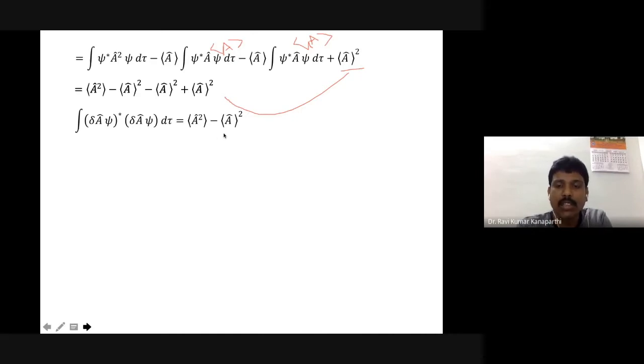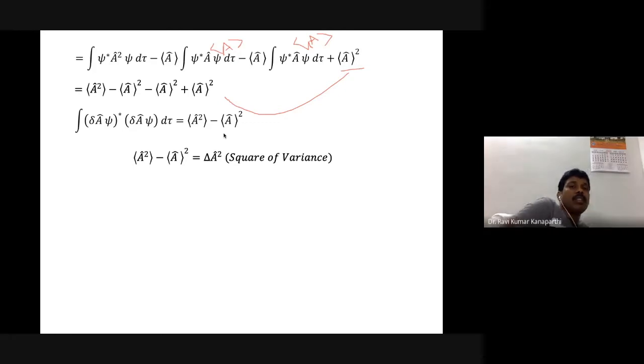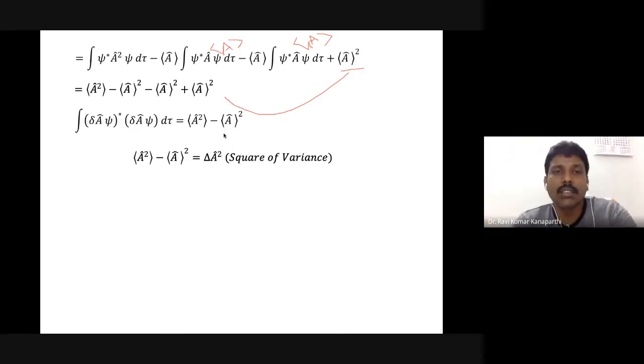This is nothing but the variance, right? Square of the variance, or the uncertainty, which we normally represent with delta A square. So that is something that we replace with delta A capital. This is the delta A square.